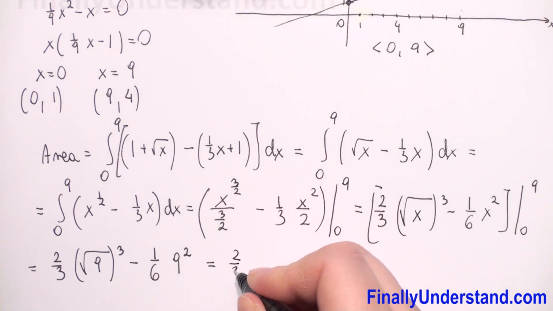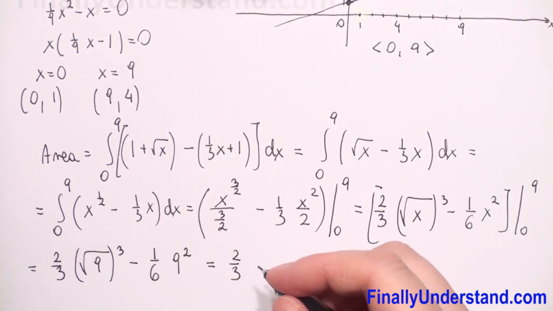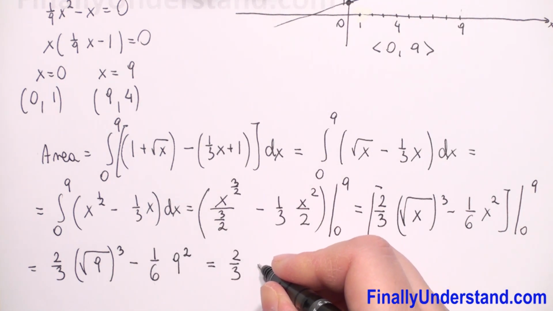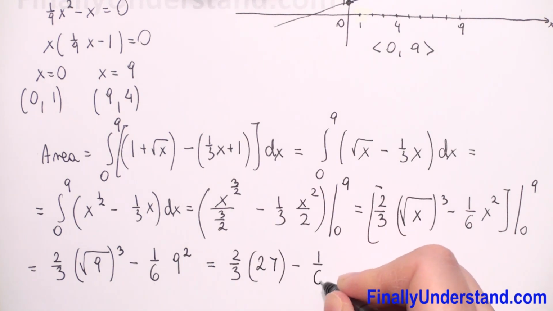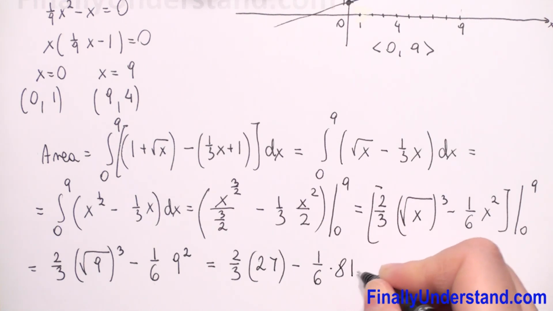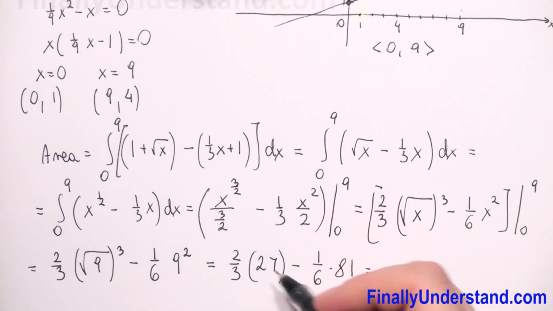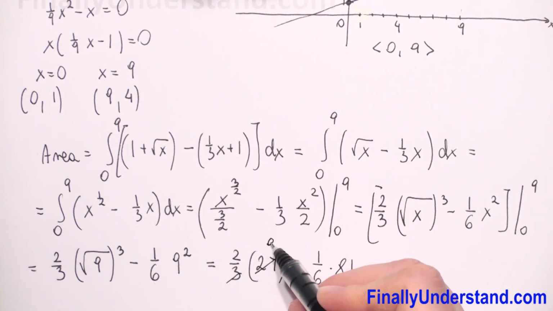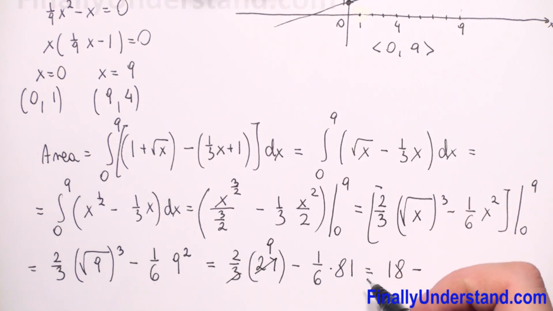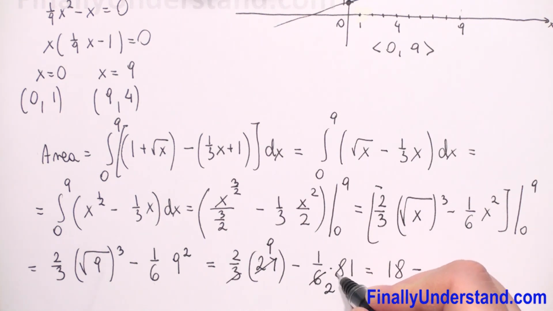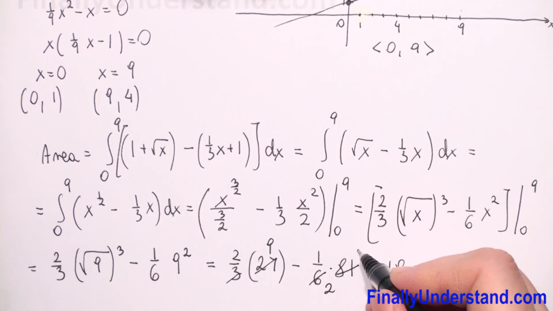So this is equal to 2/3 times, the square root of 9 is 3, 3 to the 3rd power is 27, minus 1/6 times 81. We can reduce 3 and 27 to 9, so 2 times 9 is 18. Minus, and we can reduce 6 and 81 by 3, so it will be 27/2.